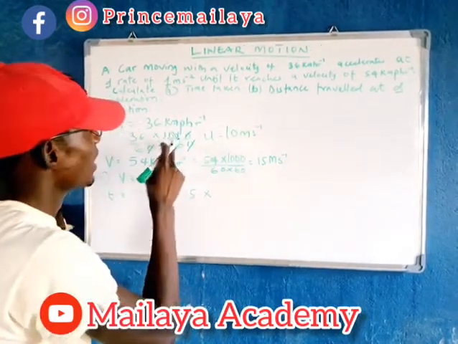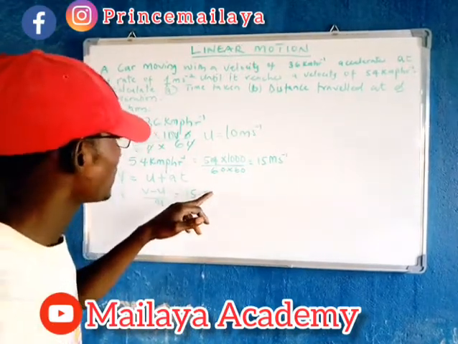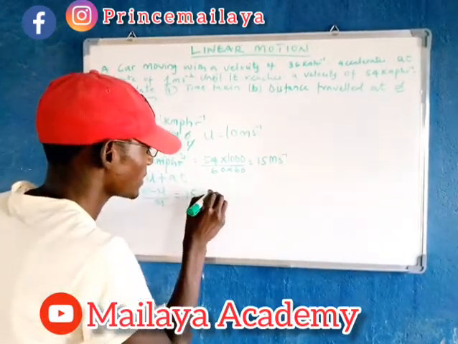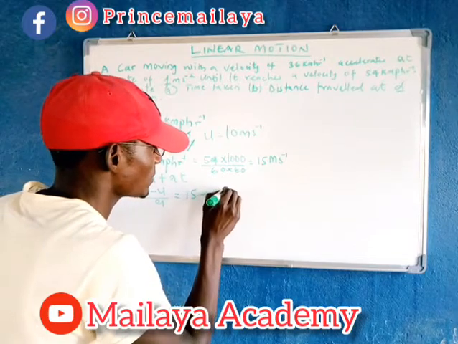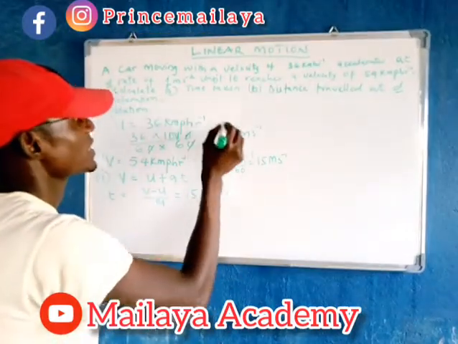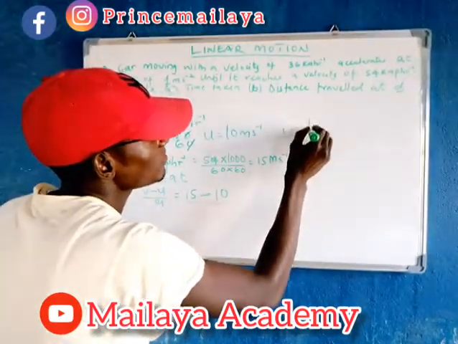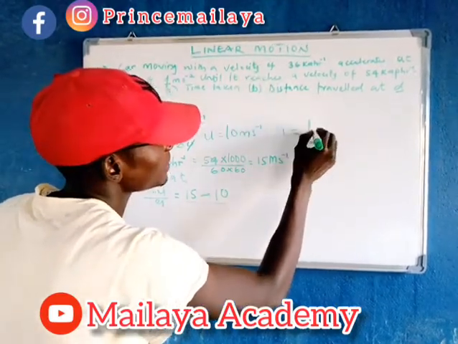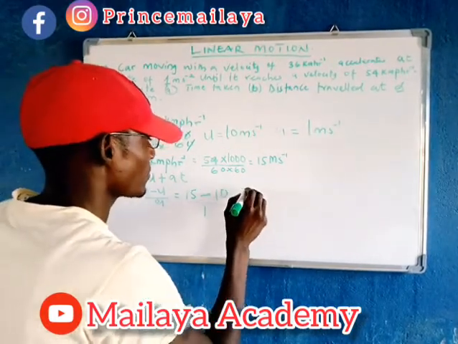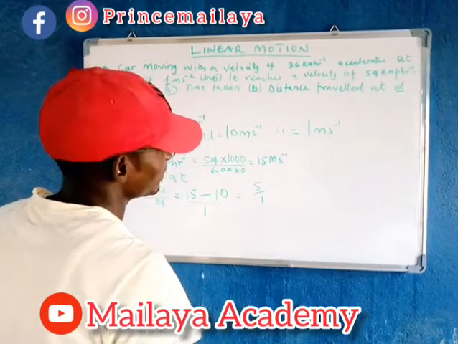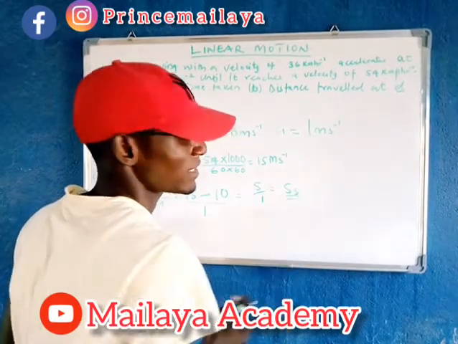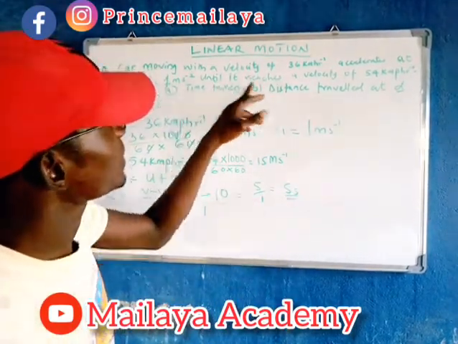So t is 15 meter per second minus our initial velocity, which is 10 meter per second, all over our acceleration. Here our acceleration a is equals to 1 meter per second square. Here all over 1, which is equals to 5 all over 1, which is equals to 5 seconds. This is our time taken for this acceleration.